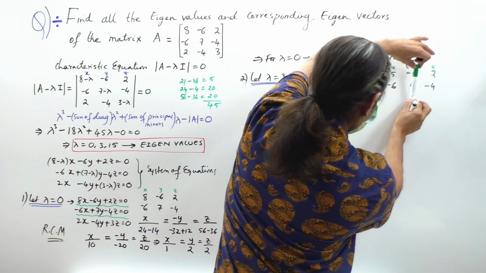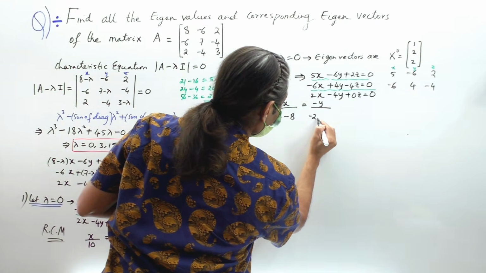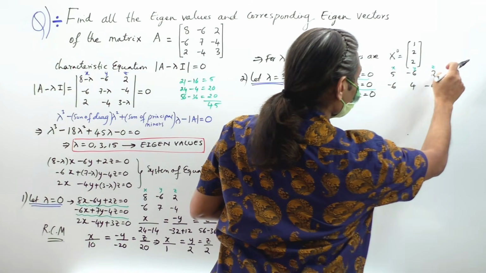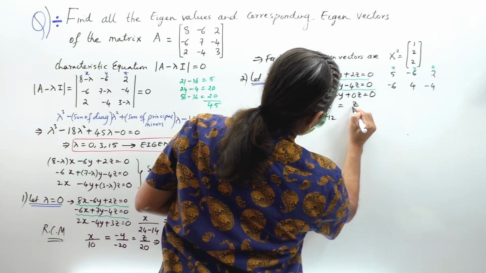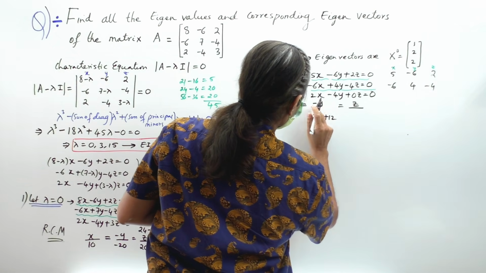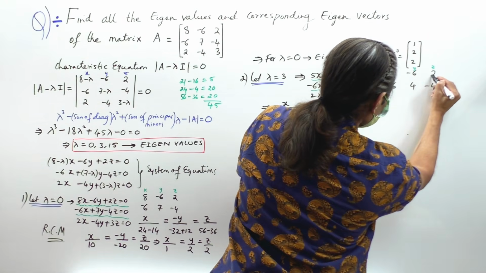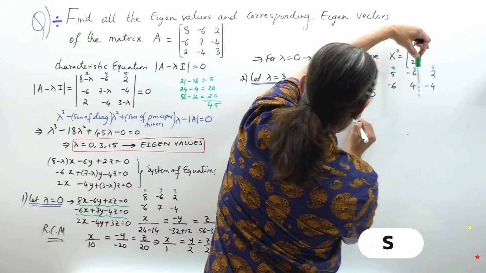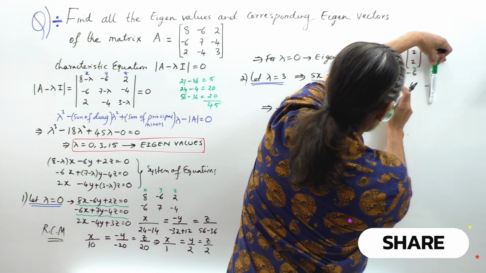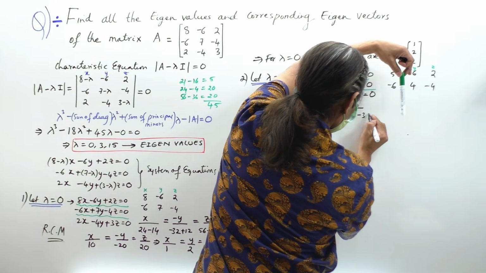Leave the y: 5 into minus 4 is minus 20, minus 6 into 1 is minus 6, wait, minus 12, so plus 12. And lastly z divided by, leave the z column here. 5 fours are 20, minus 6 into minus 6 is plus 36, so minus 36.